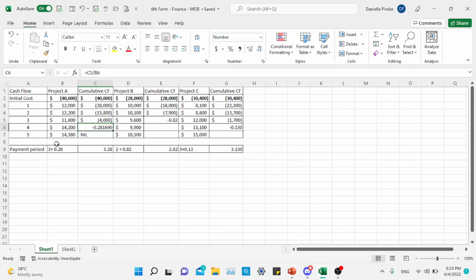So you have 1, 2, 3 plus the 0.281690, and so you'd say that the payback period is 3.28. Okay, and so you understand?